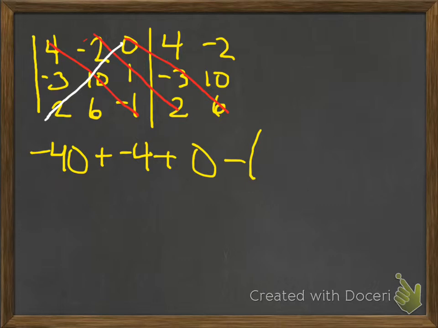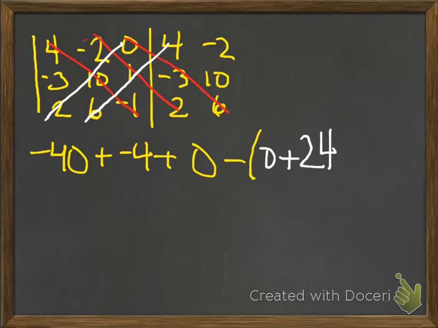Notice here I put minus. The negative 40, the negative 4, and the 0, those are my answers from what I like to call the left diagonals. Now I'm going to do minus the right diagonals. So I'm starting up here: 0 times 10 times 2, 0. What is 4 times 1 times 6? Okay, 4 times 1 times 6 is 24.